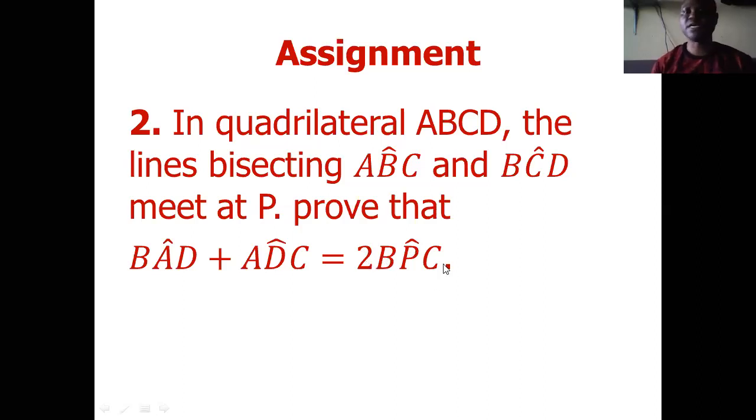So please, this requires you to use all your skill in deductive proof 1, deductive proof 2, and deductive proof 3, the way we prove to reason. Draw the diagram and then prove this. Show me your skill that you've learned how to prove a problem in mathematics.